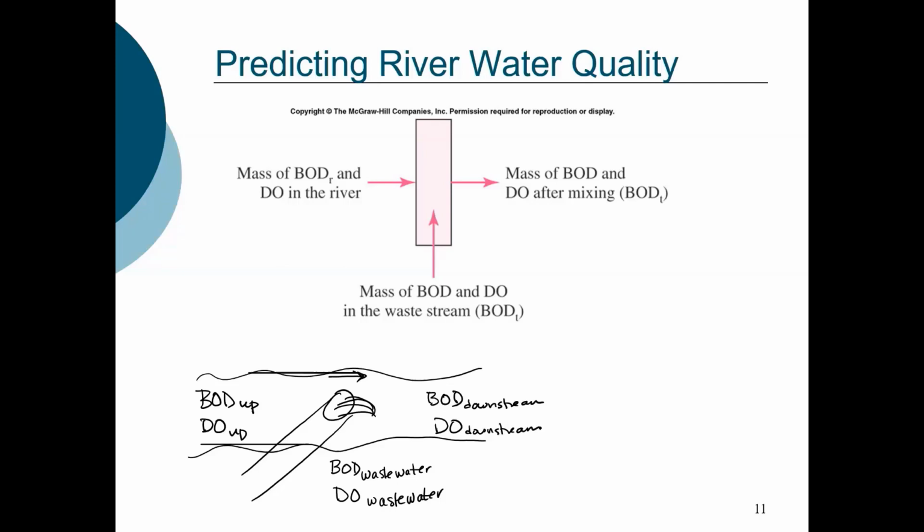So we will typically model this as, this is our control volume. We'll assume that we have complete mixing.